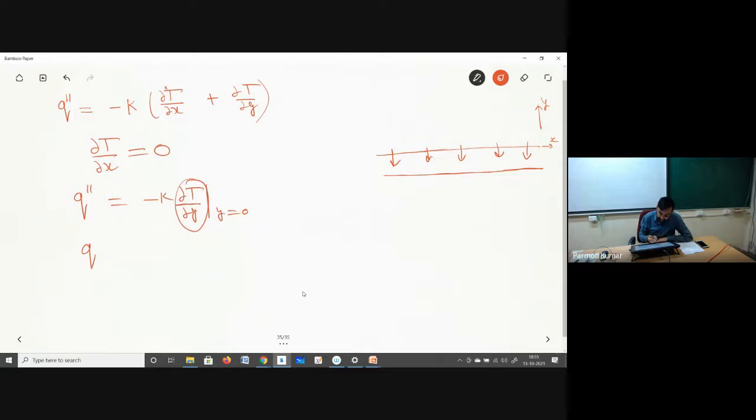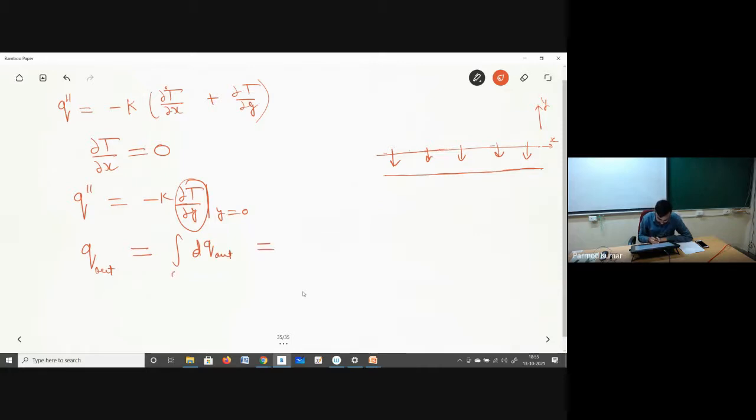obviously this del T by del Y is something which will not be constant. At different locations, the value of del T by del Y will be variable. Fine. So if I have to determine the total heat which is going out of this particular surface, I have to do integration of dq out, correct?